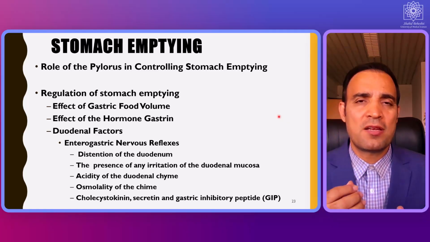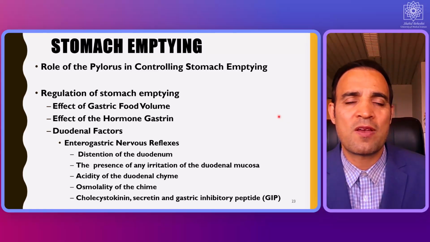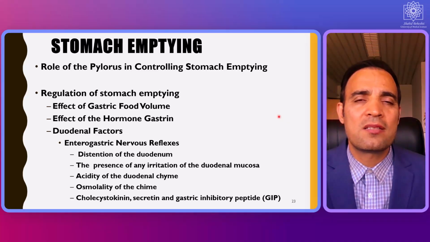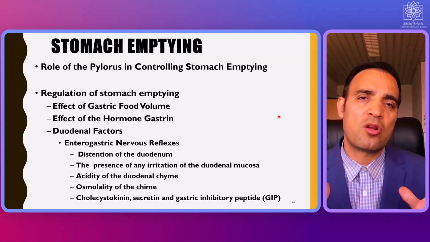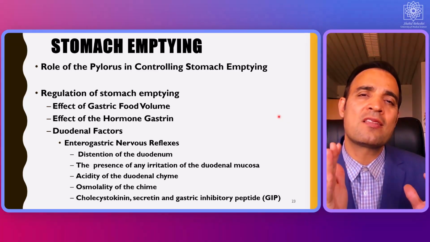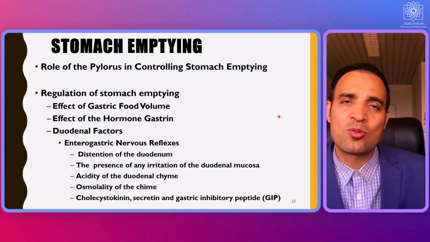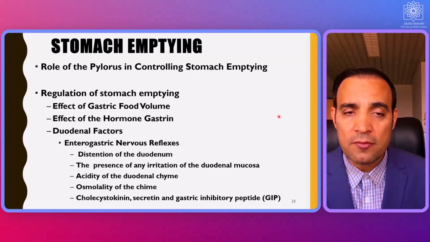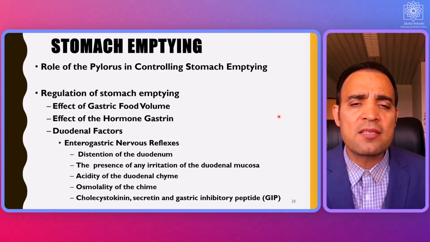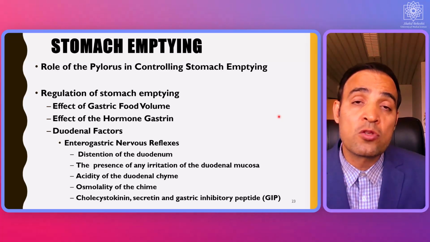In fact, let me tell you in a very simple way, the duodenum will tell the stomach that I am full and I'm not accepting any other load. Please wait until the time that this load that I have is passed to the other part. Or presence of any irritation from the acid from the food content.